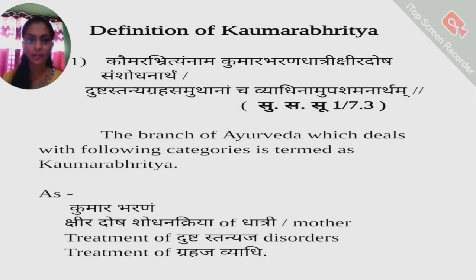That is Kumarabharanam, Kshiradosha Shodhana Kriya of the Dhatri, meaning the mother, treatment of Dushta Stanyaja disorders, and treatment of Grahaja Vyadhis. These all come under the group of Kaumarabhritya according to Acharya Sushruta.